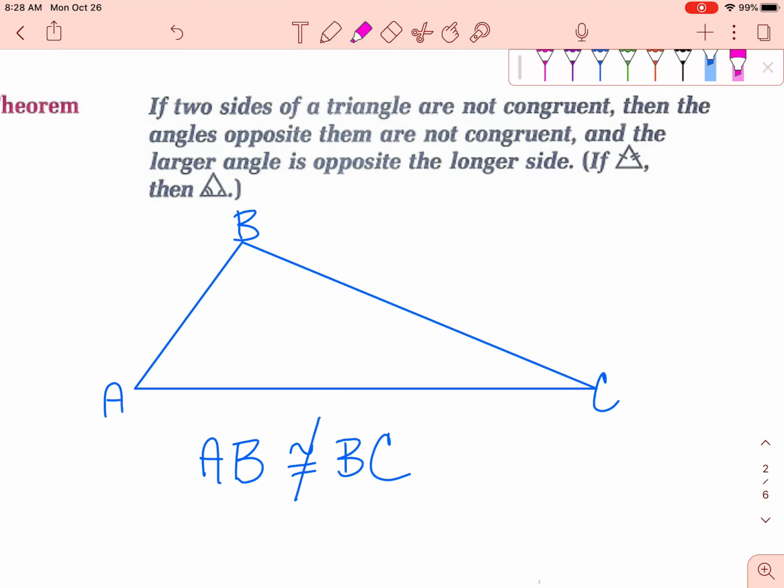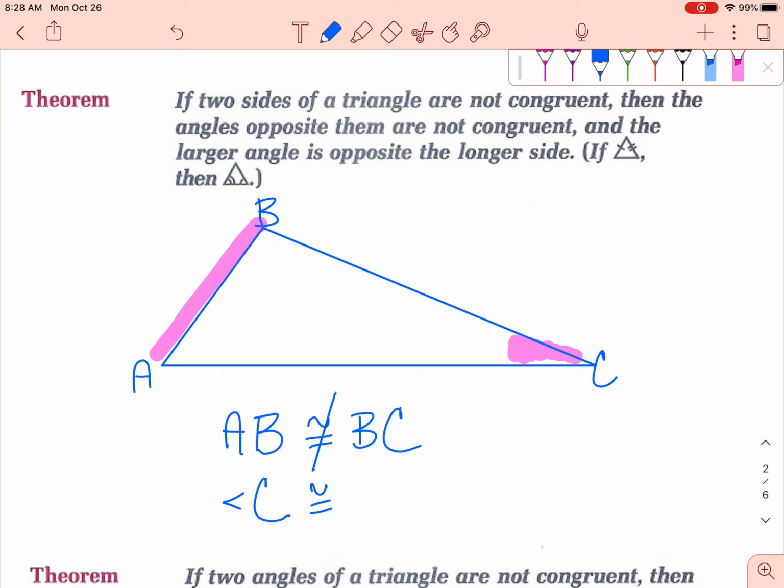Opposite AB is the only letter that you don't see, so opposite AB is angle C. Angle C is not congruent to the angle opposite BC, which would be angle A. So these are not congruent to each other, and the larger angle is opposite the longer side.